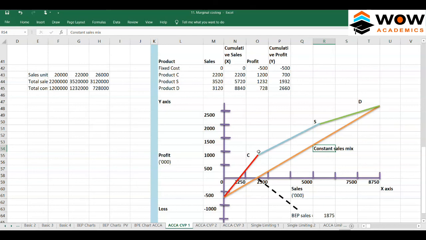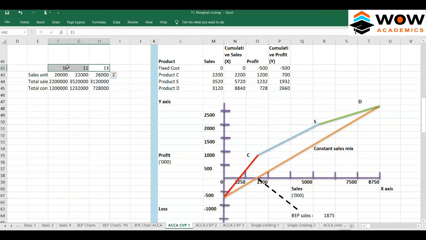The product which has a little bit lower CS ratio will be a little bit flatter. And the last product has a lower CS ratio, so it will be much lower. So why is the constant mix a straight line? Because it is sold in a constant proportion. At any point of time, the products sold in the constant mix would be in this proportion, 20 is to 22 is to 26, or in a simple way, 10 is to 11 is to 13. So they sell in this proportion only.